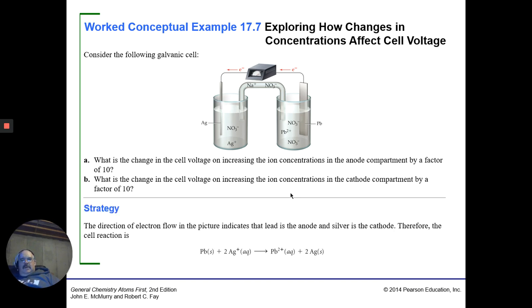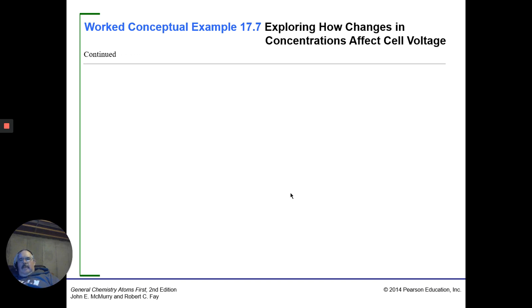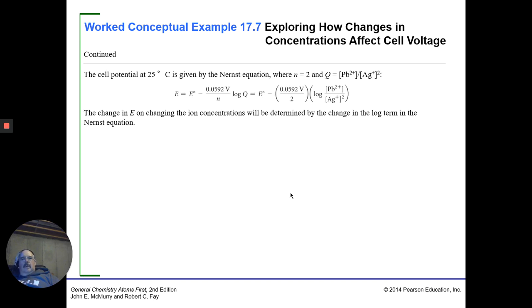So this is the overall reaction, and Q would be the lead concentration divided by the silver ion concentration squared.